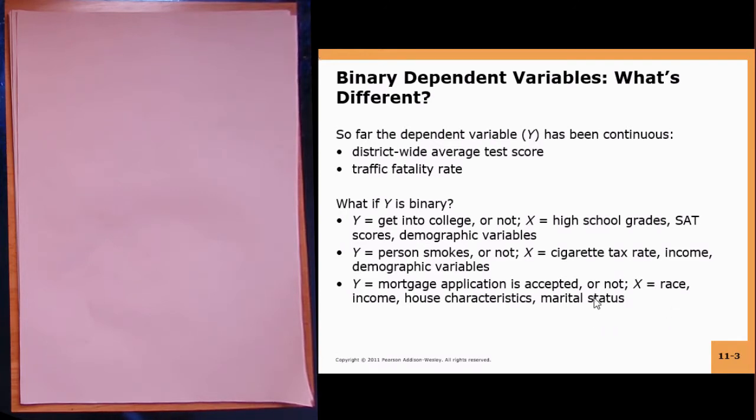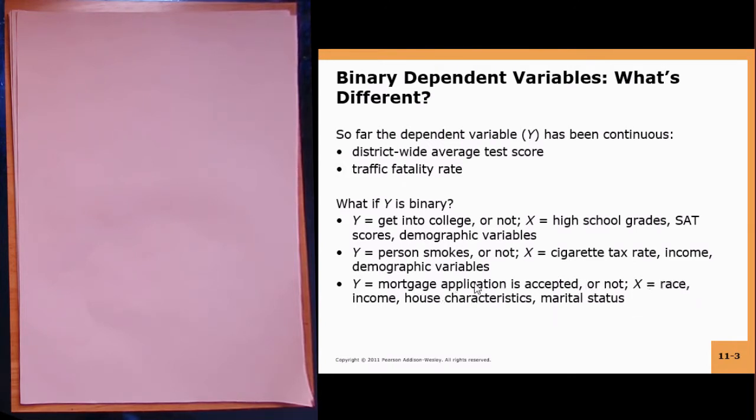In such cases, someone looking at this data may want to see what factors affect a bank's decision to deny or accept the mortgage application. This might be the income of the applicant. It might involve the characteristics of the house that they are putting up as security. It may depend on their marital status, whether they are married or not. It may also depend on things like their race.